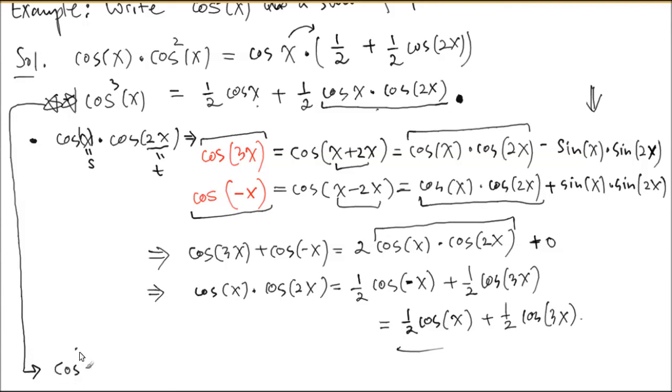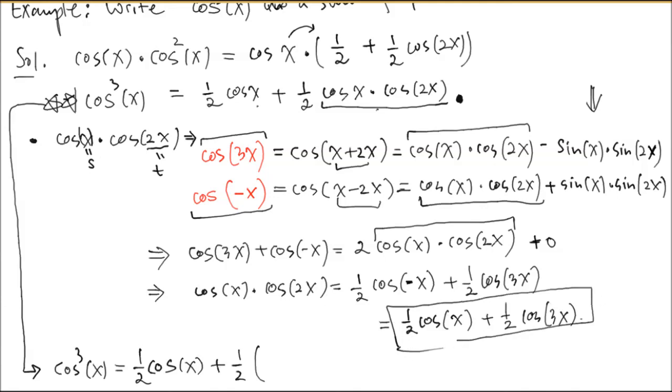Cosine cube x, which was perfectly non-pure wave, and it has a first pure wave we discovered, 1/2 times cosine x. Then this part we worked separately is 1/2 of this cosine x, cosine 2x, is all this thing down here. All right, so I copied one more time. Another half cosine x plus 1/2 cosine 3x.